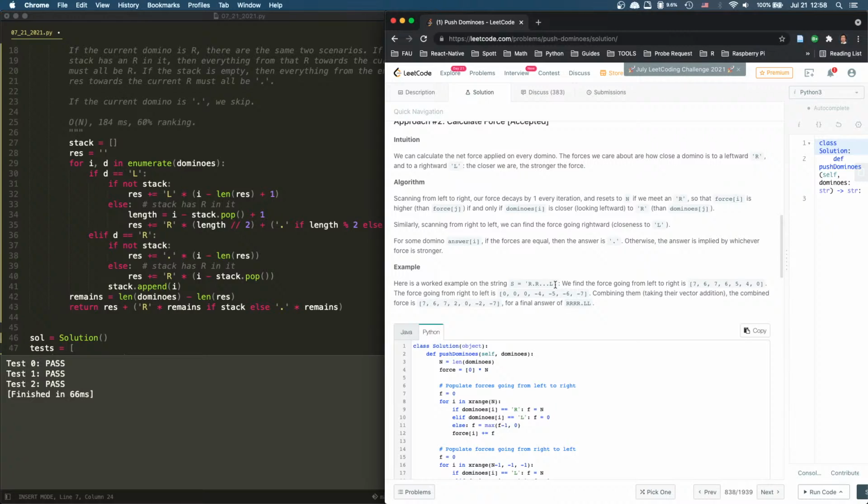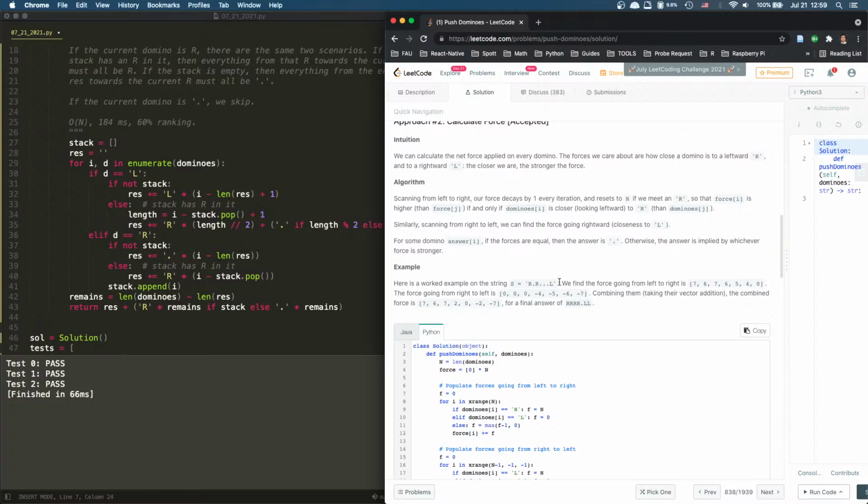Decay by 1 after every iteration, and then resets to n if we meet an R. That force i is higher than force j if and only if domino i is closer to R than domino j. Okay, that makes sense. And if it's L, then we just set to 0 and go reverse, right?